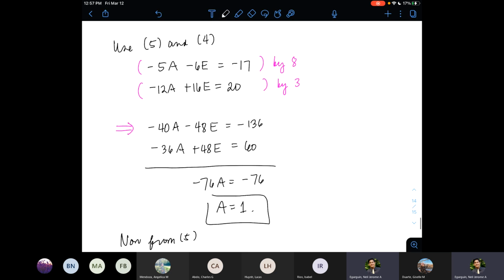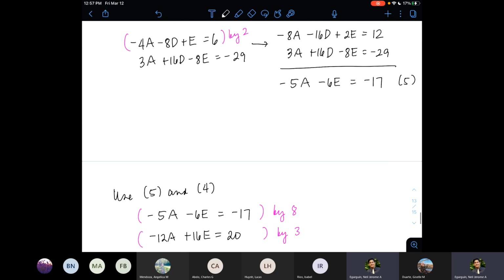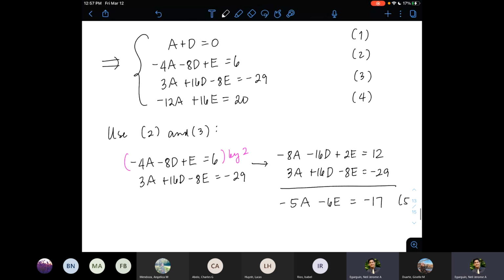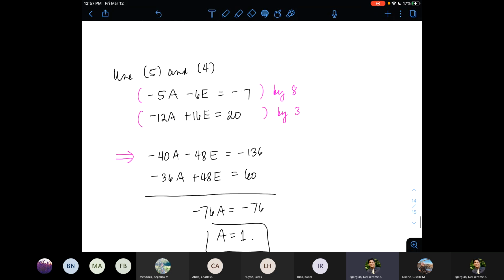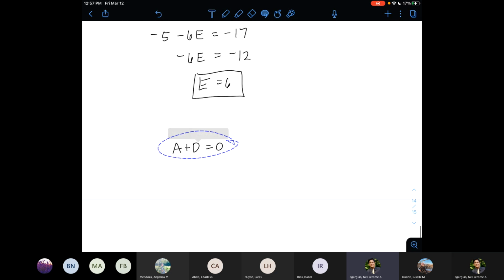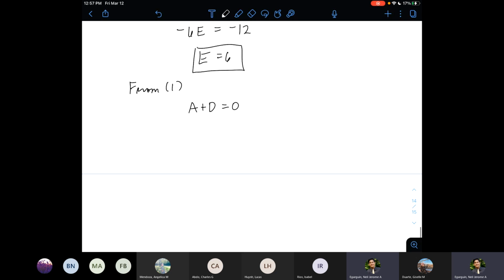I think it's D. So pick any equation that has a D in it. Let's try equation 1. Oh, that's easy. From equation 1, we knew that A plus D is equal to 0. But we already know what A is. A is 1. So D is equal to -1.